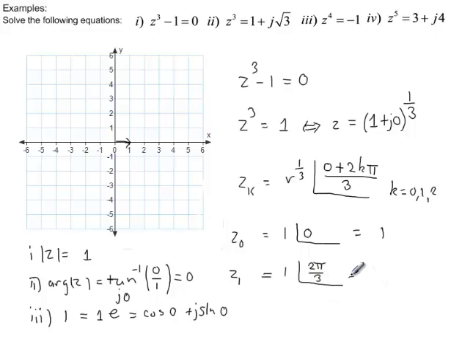This is the number 1 times cos 2 pi over 3 plus j sine 2 pi over 3.